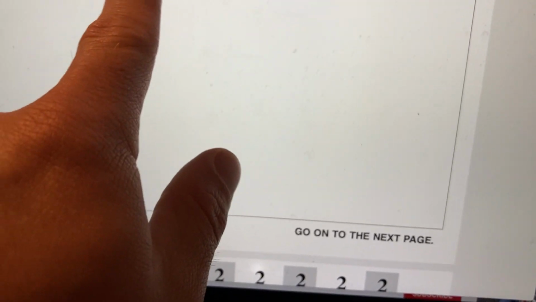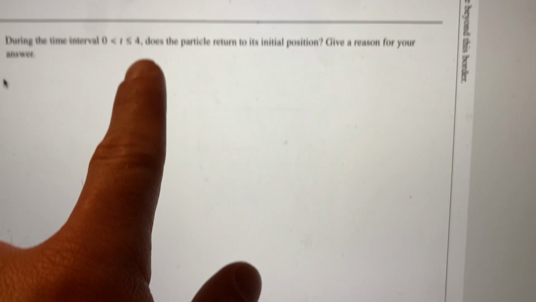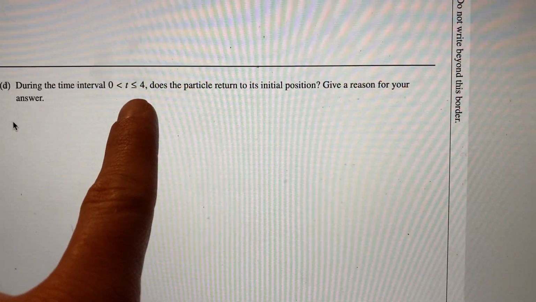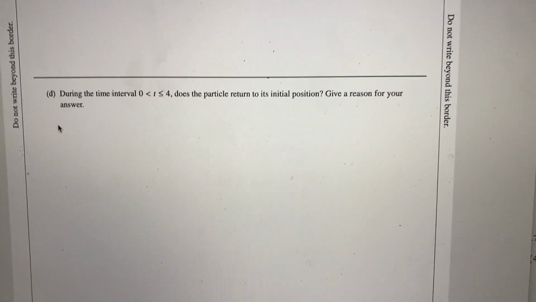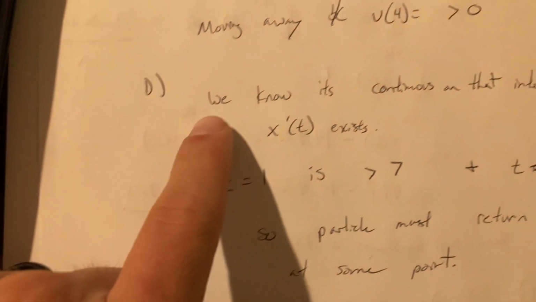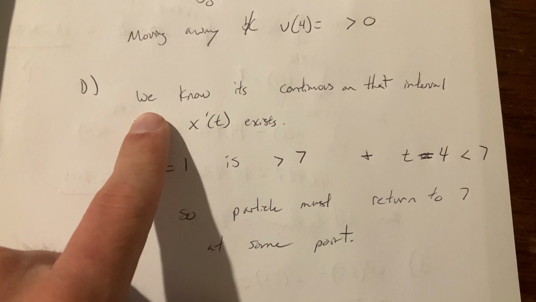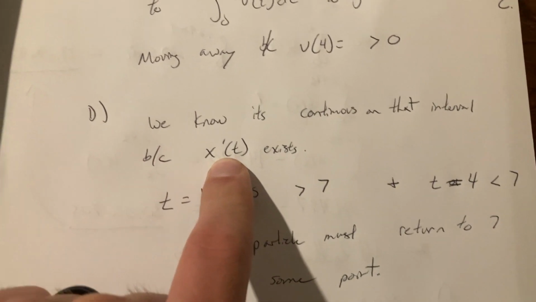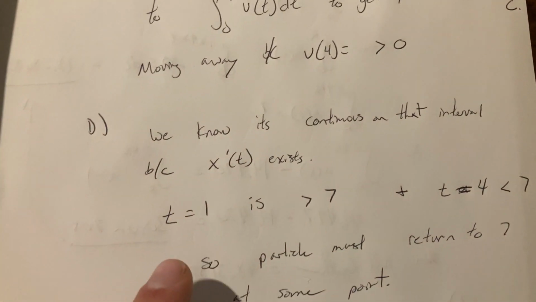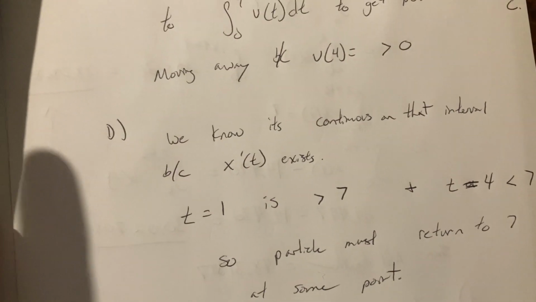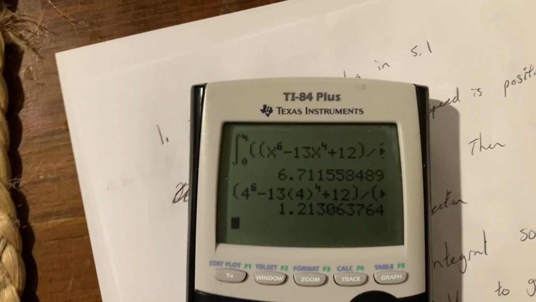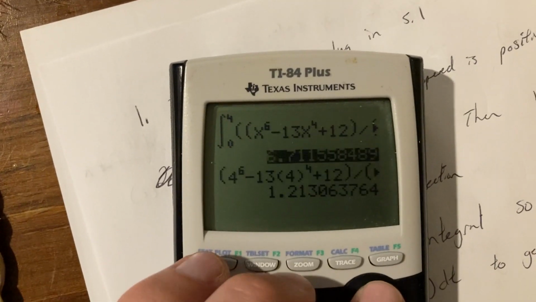Well, we know at 4 it hits 6.7, so we know it goes less. The question is, does it go more than 7? Because it's continuous. We know it's continuous on that interval because the derivative exists over that time. So the question is, is it ever greater than 7?